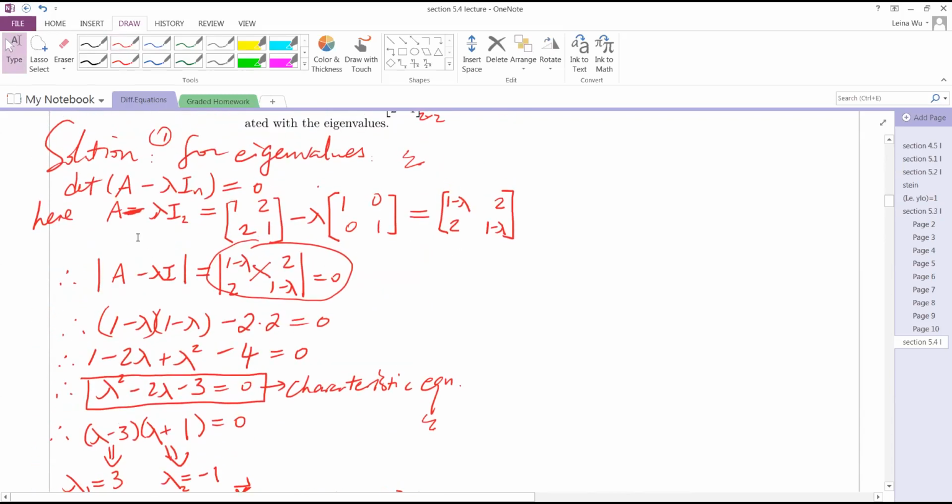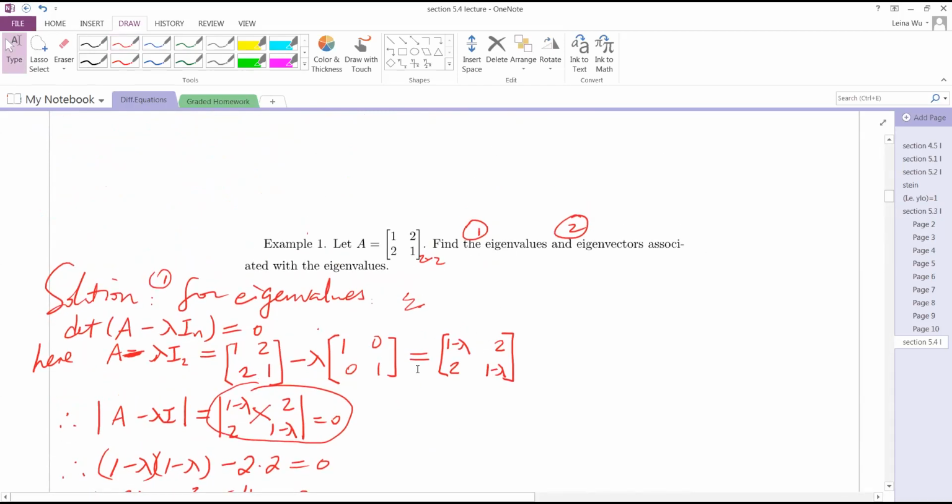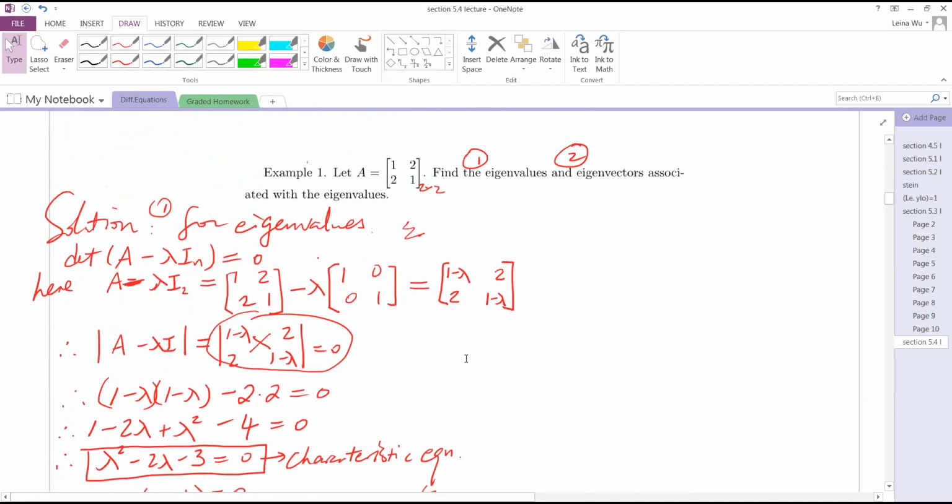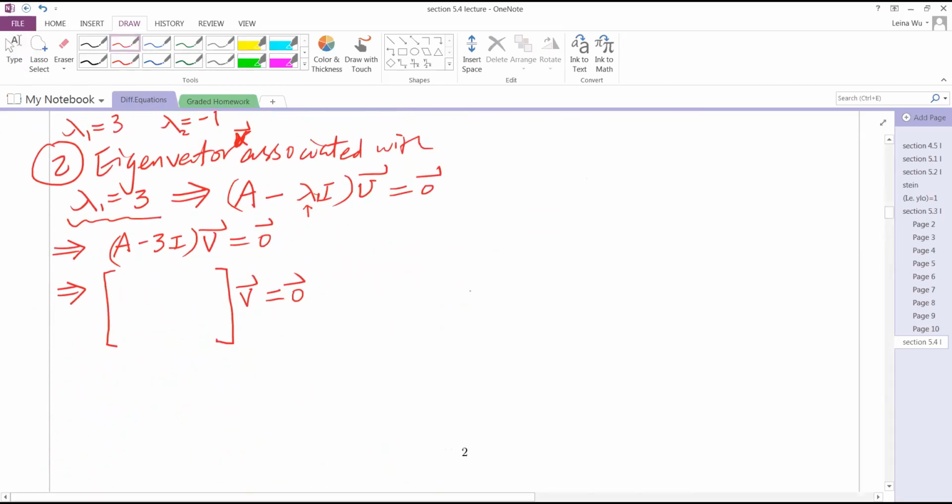A quick way is to just look at this here, because this is A minus lambda I. So we can just plug positive 3 into it. Do you guys see that? Mm-hmm. So we're going to get -2, 2, 2, -2, times v equals 0.